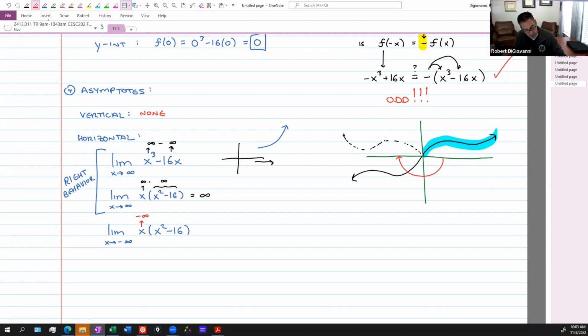Good. Times now, what about this? Be careful. You're going negative infinity squared, which is positive, right? Minus 16 doesn't matter. So this goes to positive infinity. And now you have a negative infinity times a positive infinity. That should be a huge negative number. Which means that when I graph this and when we go out to the left, we should expect this thing to be going down like that.